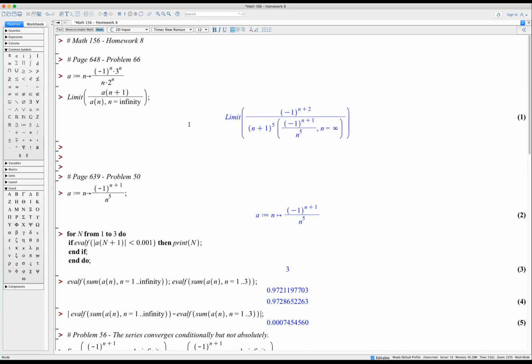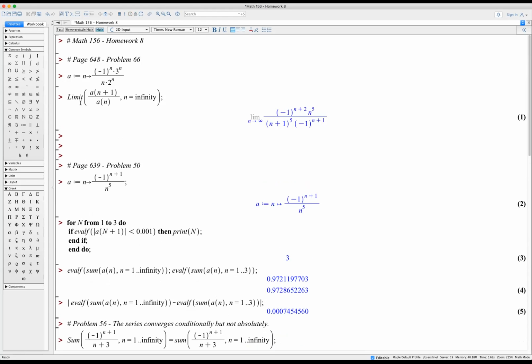I want to know what this is. Oops, this is backwards. That's not good. A of n plus 1 over a of n as n goes to infinity. I need to know this limit.